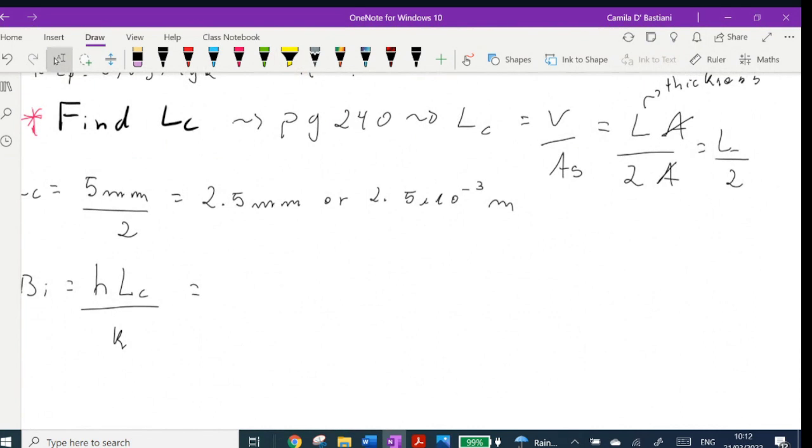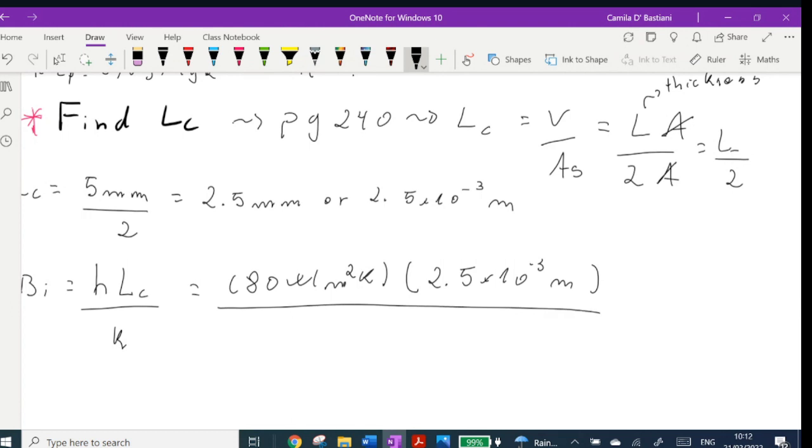So 80 watts per meter square Kelvin multiplied by 2.5 times 10 to the minus 3 meters divided by k of the stainless steel, 21 watts per meter Kelvin. So my Biot number is 0.00952.